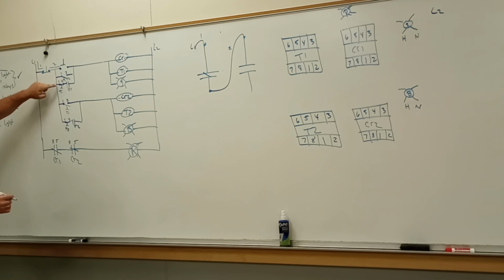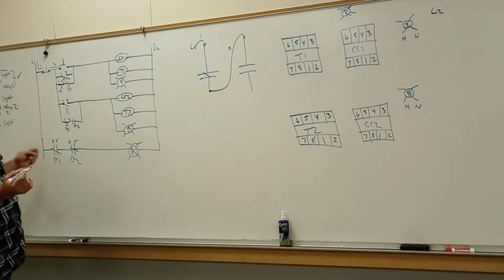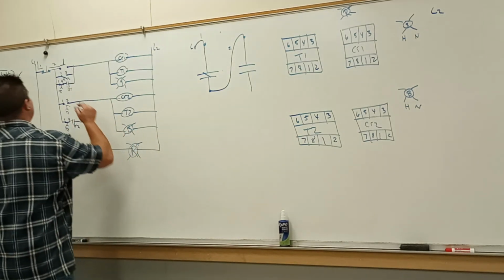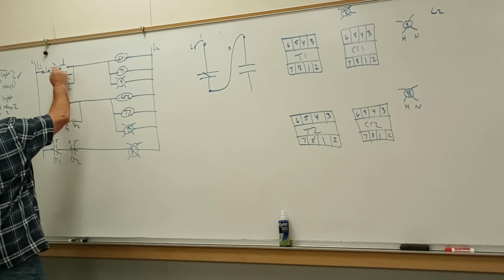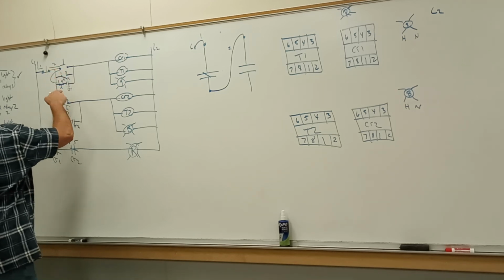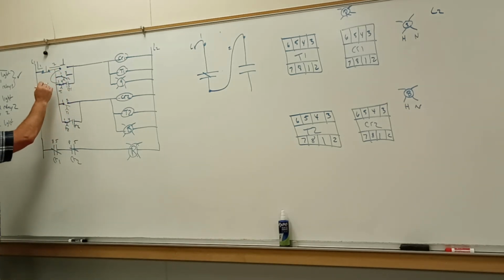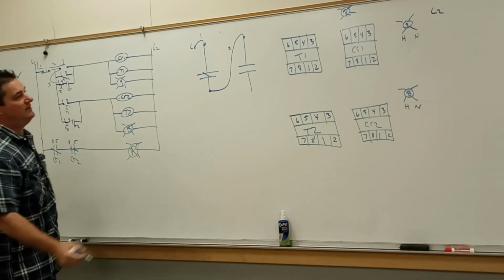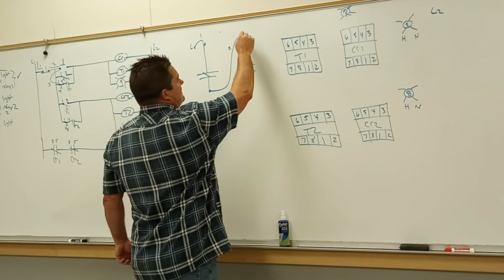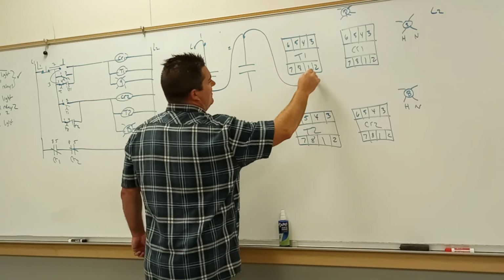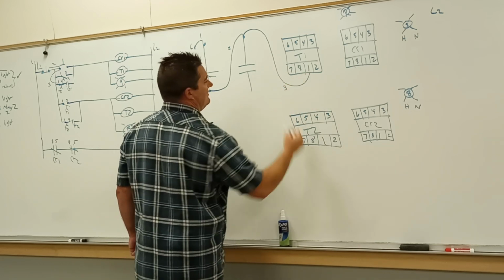Timer 2, number 1. Timer 1, number 1. So basically I know I'm going to have to come from here, the end of my start, to the end of T1, number 1. That's going to be my wire number 3. End of my start to the T1, number 1, number 3.